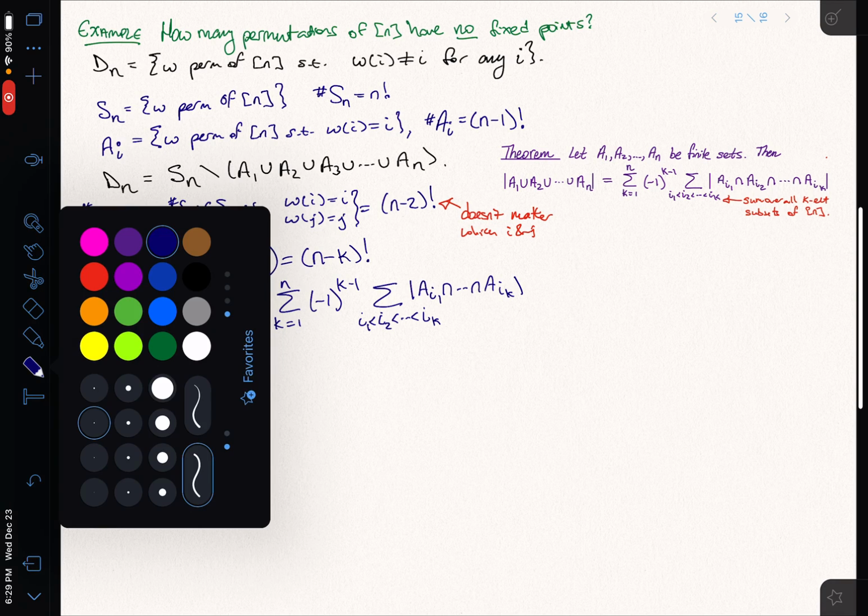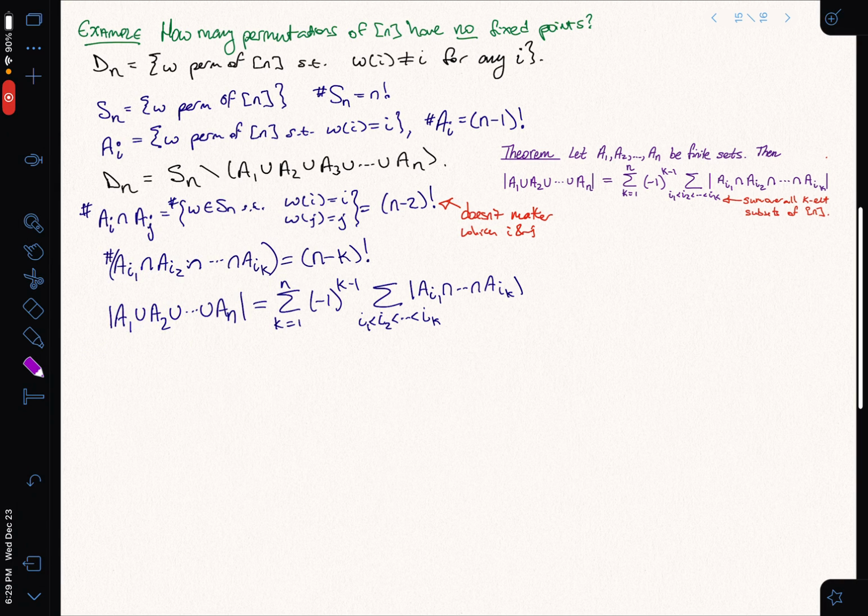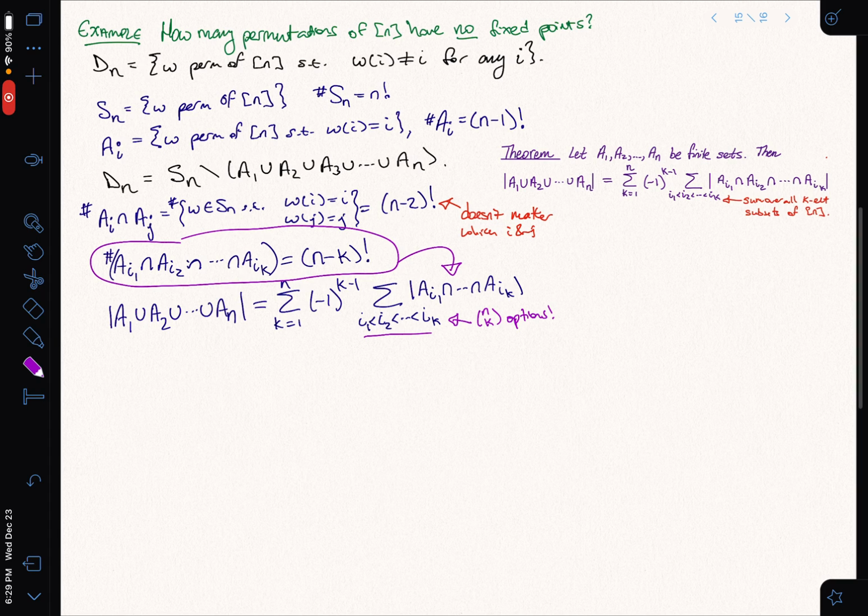So now I'm going to take what I have here, which is I've just said, here's what this is. I can plug it in here. But keep in mind, it doesn't matter which of these guys I take. So here, I happen to know how many different ways I can take a k-element subset of the numbers 1 up to n. There are n choose k options for here.